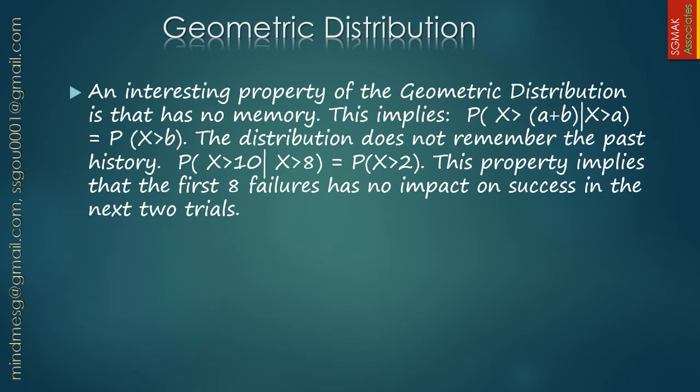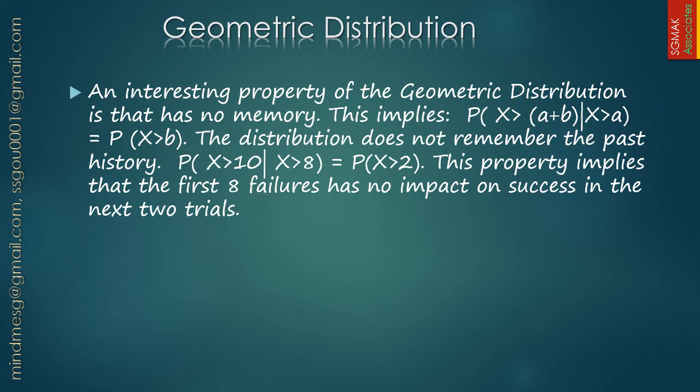There's another interesting property of geometric distribution called the memoryless property. Geometric distribution is the only discrete distribution that shows this property. The memoryless property implies that the probability the random variable takes a value greater than a plus b, where a and b are two numbers, because you are talking about the number of trials until you get the first success, given that x is greater than a, is the same as the probability x is greater than b.